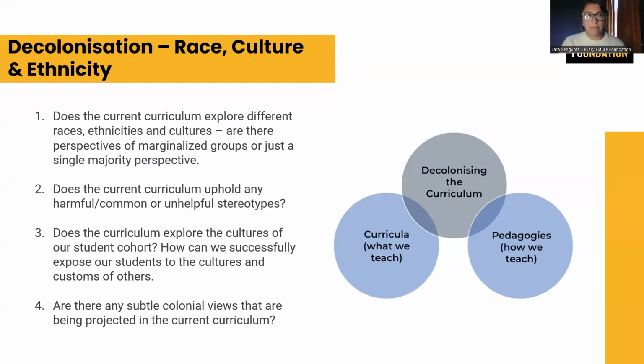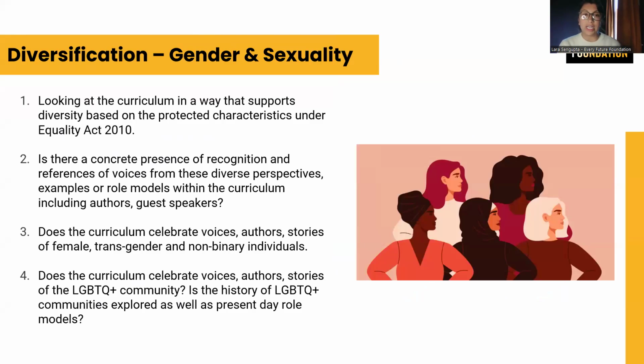Okay. Next, diversification, when we talk about gender and sexuality. So we want to take an intersectional approach, which we will talk about later as well. Diversification can also include gender and sexuality. So looking at the curriculum in a way that supports diversity based on the protected characteristics, all of the different protected characteristics, and how you weave in the diversification in multiple ways.